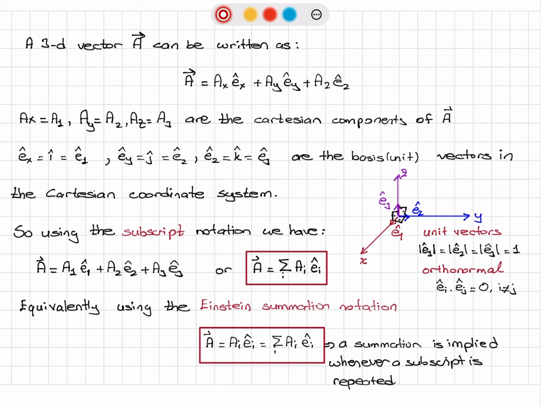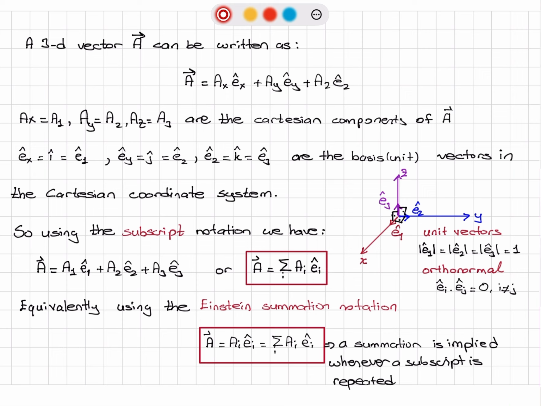All right, so we were able to write a three-dimensional vector in terms of the unit vectors, which are orthonormal in the Cartesian coordinate system, and we can also rewrite this using the subscript notation by replacing x with 1, y with 2, and z with 3, which means it's the sum over i of A_i e_i hat.